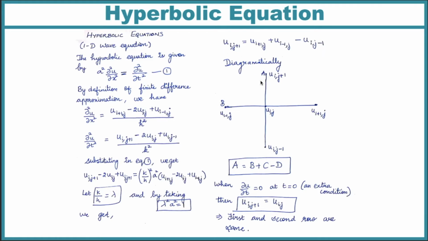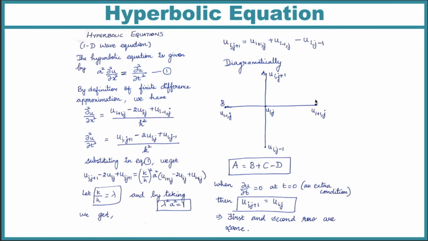Diagrammatically it can be represented as follows. This is (i,j+1); here the y axis increases, and here y decreases, that's why (i,j-1). Towards the x axis it decreases, so (i-1,j), and over here (i+1,j). So u(i,j+1) is a, (i+1,j) is b, (i-1,j) is c and (i,j-1) is d.